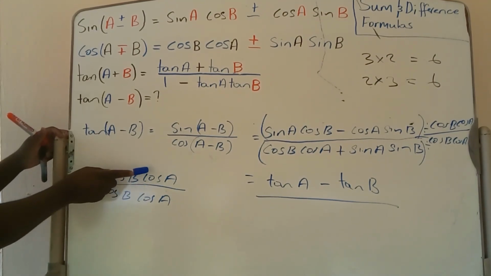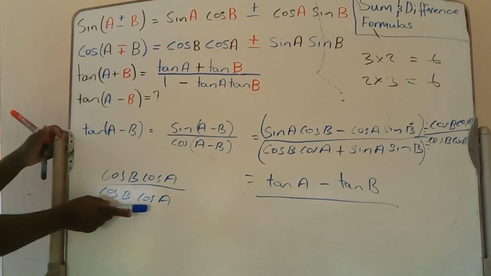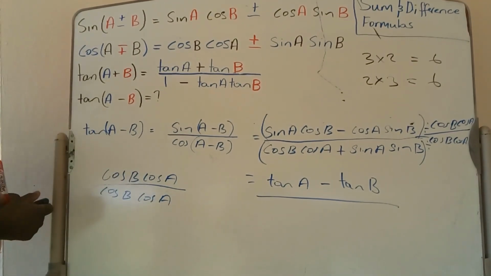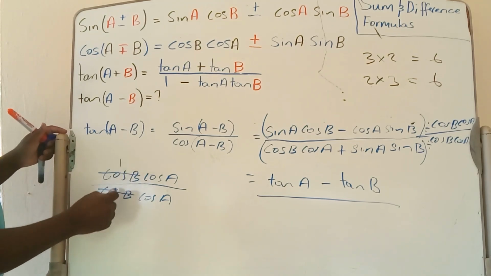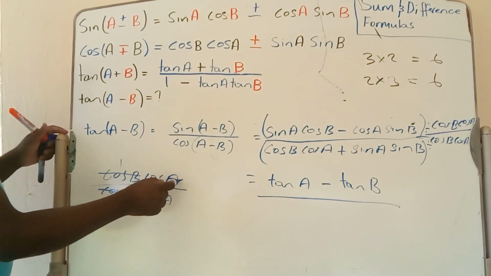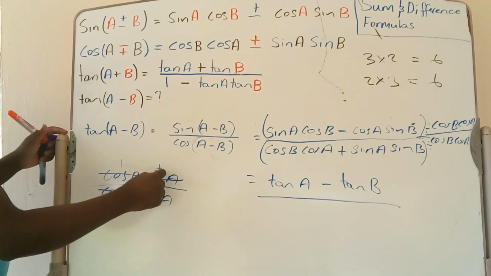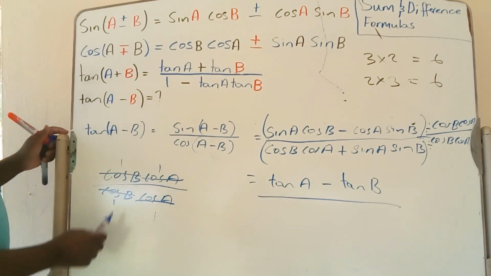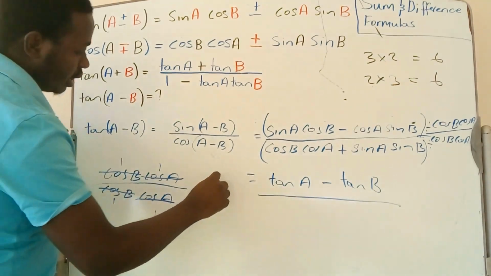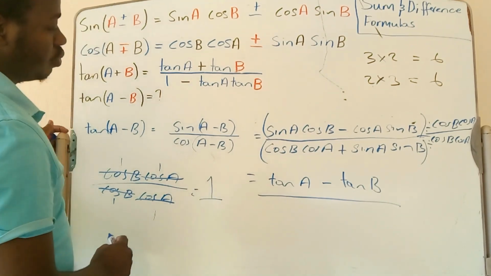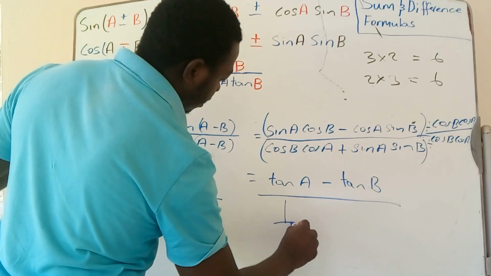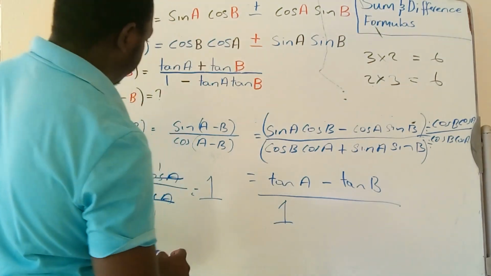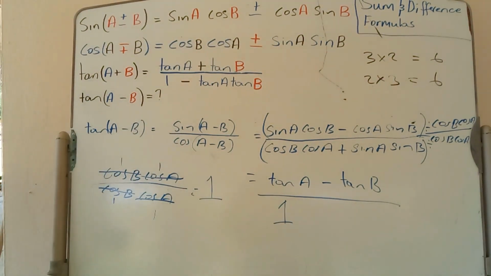Here in the numerator, I have a cos A. Here in the denominator, I have a cos A. So each of these are going to cancel out, right? So cos B cancels out cos B. So this leaves 1 over 1 there. And cos A cancels out cos A. That's just 1 over 1. But what's 1 over 1? That's just 1. All of this just boils down to be 1. So my first term here in the denominator is just 1.